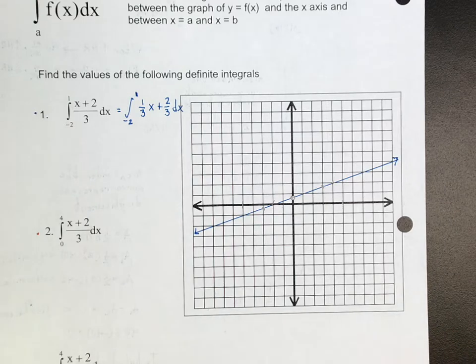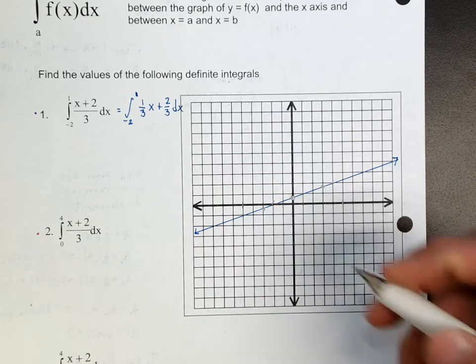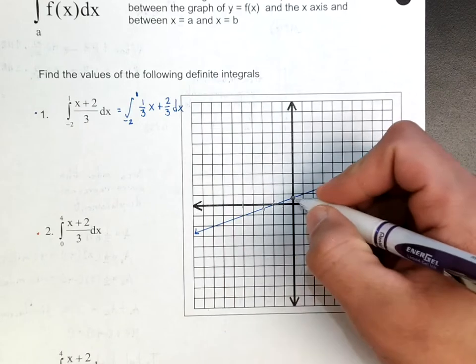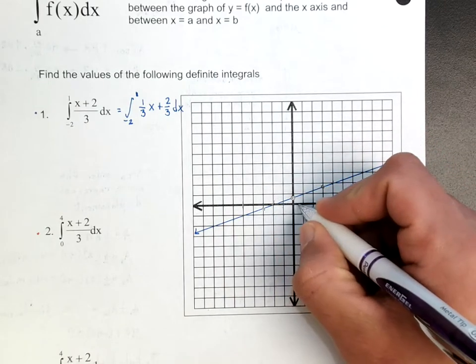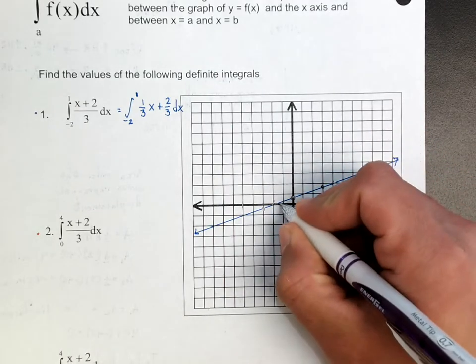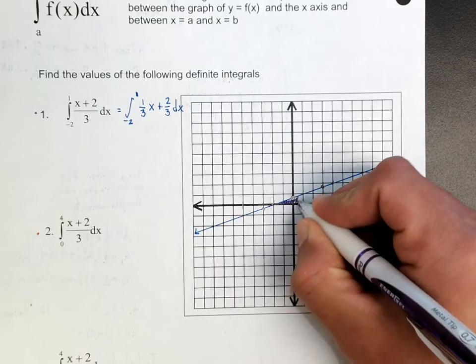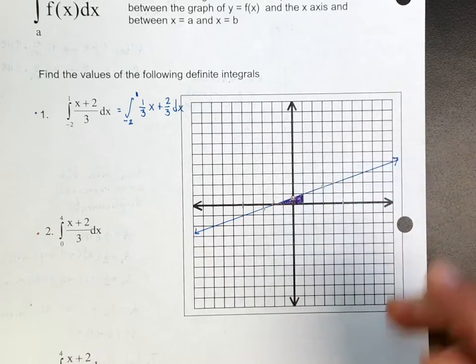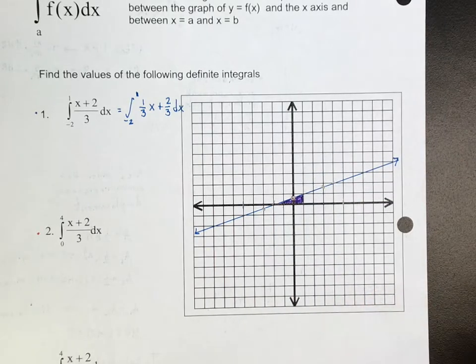So the first thing we're going to do, basically all we're trying to find, is the area between -2 and 1. So -2 is right here, and 1 is right here. So basically what I'm trying to find first is this area right here, this area that I just colored purple.